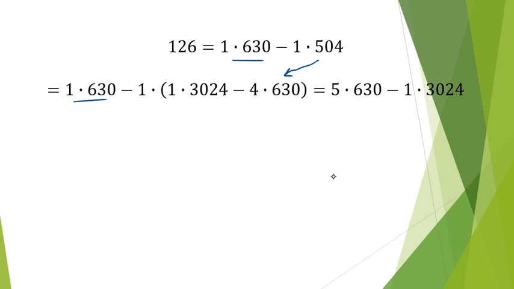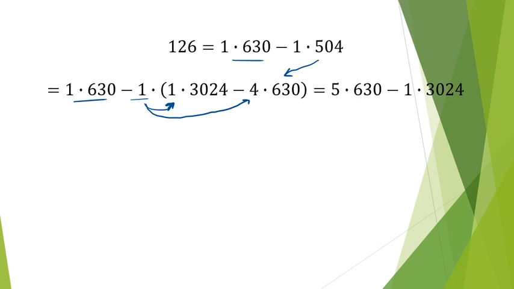Now, how do we get from the left-hand side of this to the right-hand side? I'm going to multiply this negative 1 into each of the numbers out front here. So I have a negative 1 times a 1 times a 3024, and I have a negative 1 times a negative 4 times a 630.